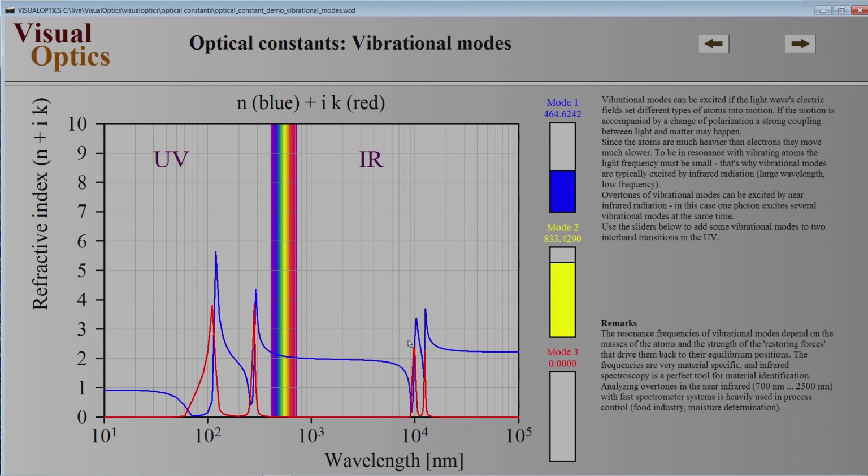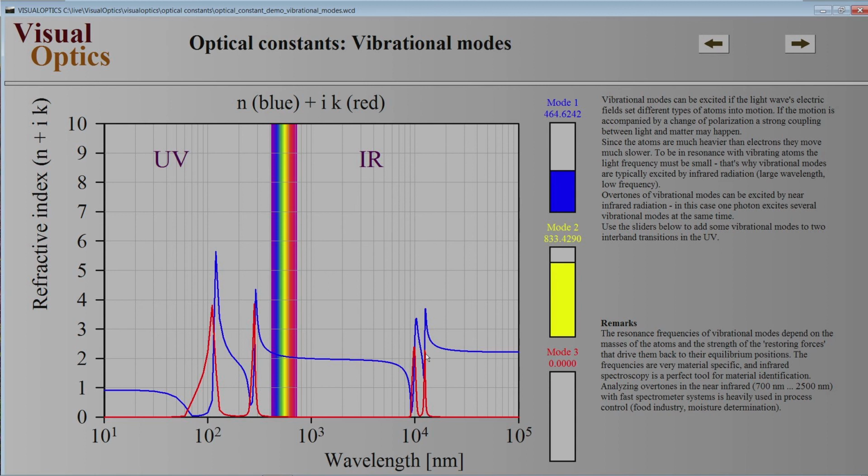So the peaks that you see here are the resonant peaks of this vibrating system, and the resonance positions are very characteristic usually for the materials, for the masses of the atoms and the forces between them.